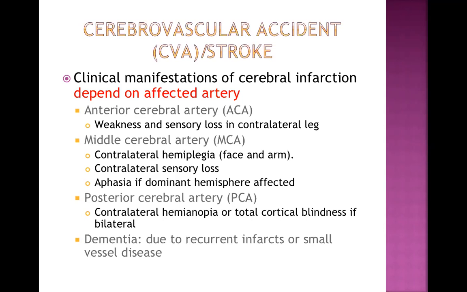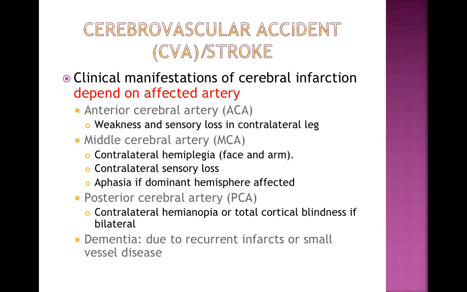If the posterior cerebral artery or PCA is blocked, then there would be contralateral hemianopia, or there would be total cortical blindness if bilateral involvement is there. Contralateral means the opposite side again.